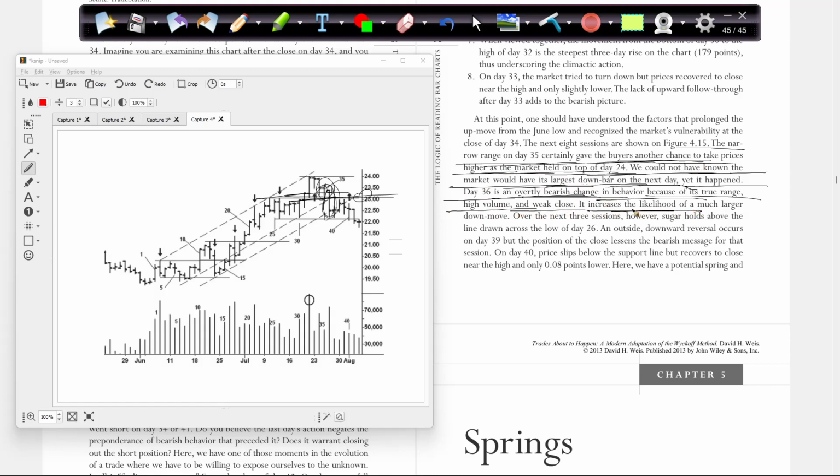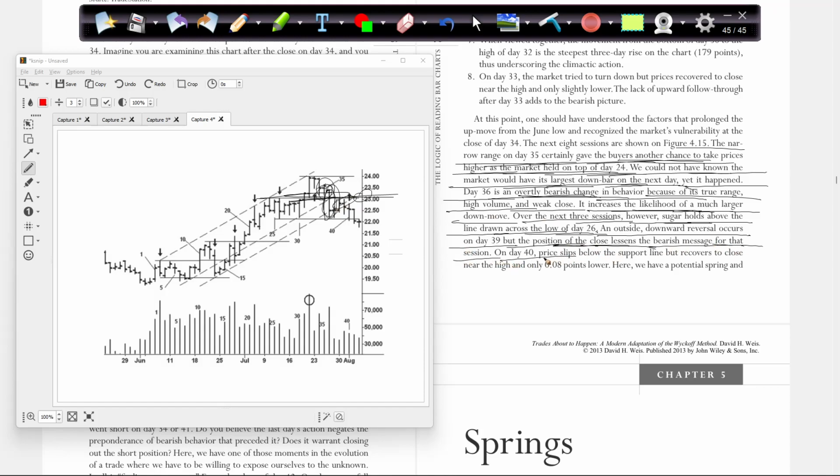It increases the likelihood of a much larger down move. Over the next three sessions, however, sugar holds above the line drawn across the low of day 26. An outside downward reversal occurs on day 39, but the position of the close lessens the bearish message for that session.